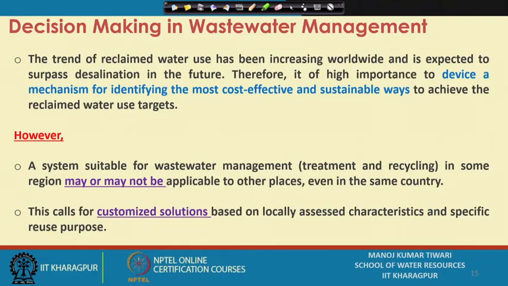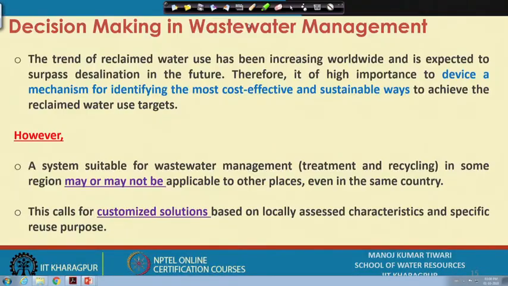Since there is a huge demand, it is highly important to devise a mechanism for identifying the most cost effective and sustainable way to achieve the reclaimed water use targets. If we need this degree of treatment for a certain reuse application, what mechanism should we choose, how do we identify the most cost effective treatment strategy, because there are n number of options available? Which one is the most cost effective, how are we going to make that decision? For that we need a kind of system.